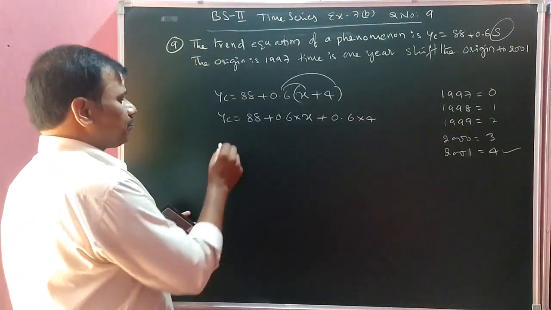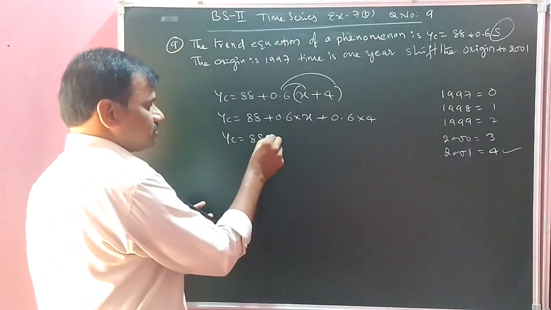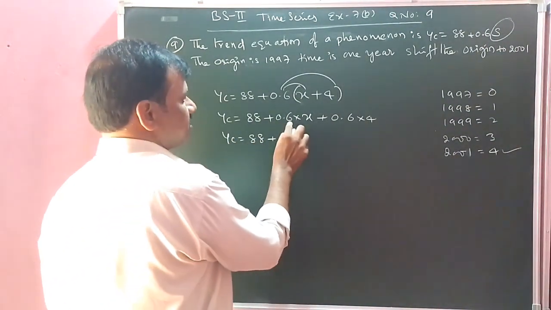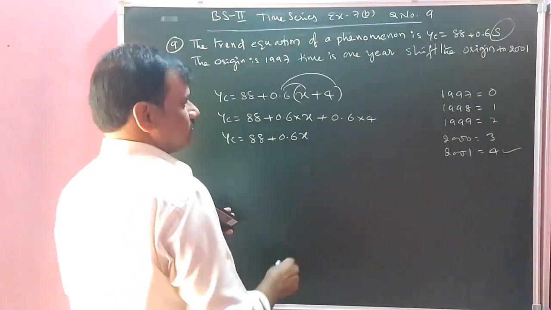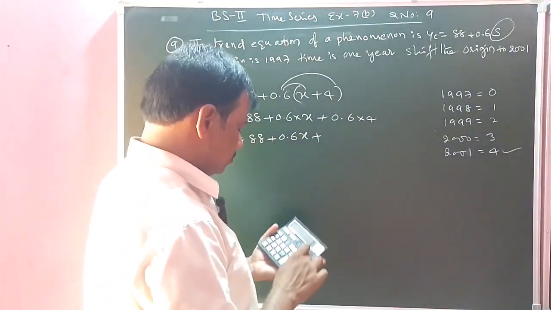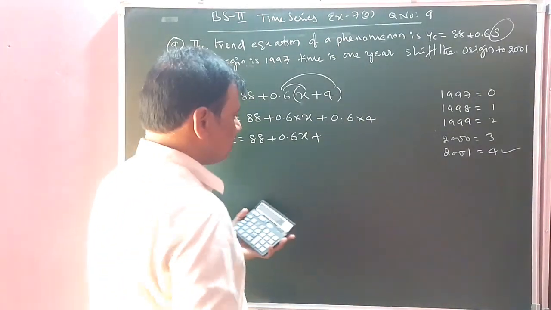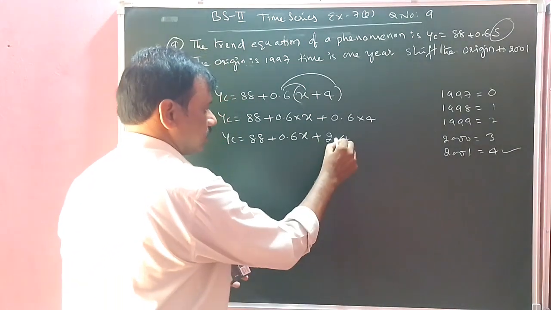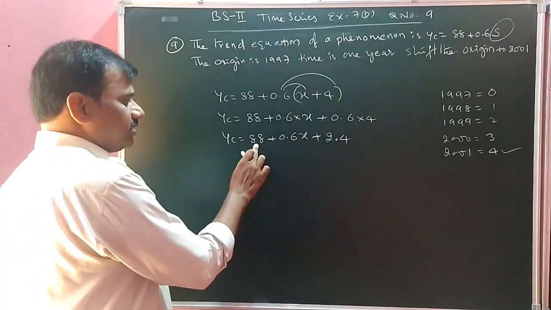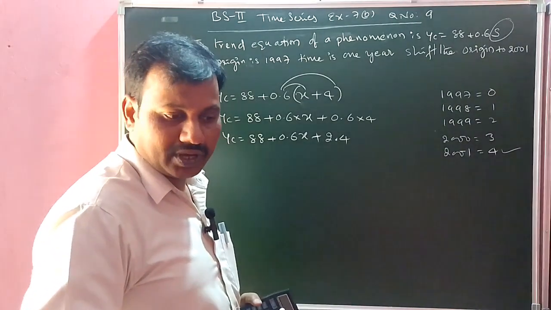So then YC equal to 88 as it is, plus 0.6 into x, that is 0.6x, plus 0.6 into 4, so that value is 2.4. So 88 and 2.4 both are constant values.